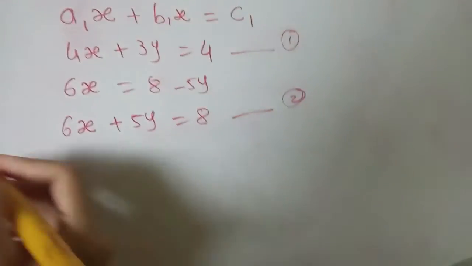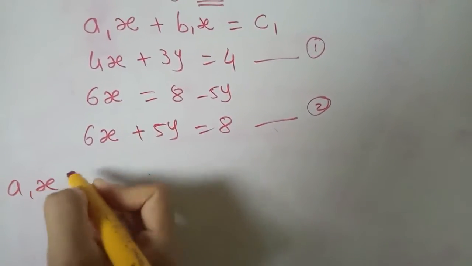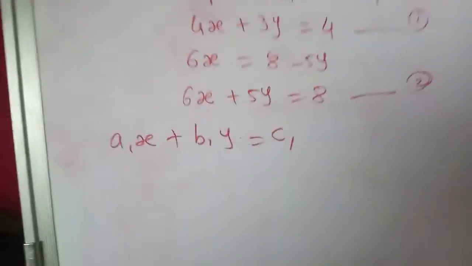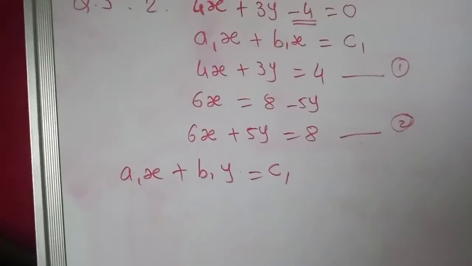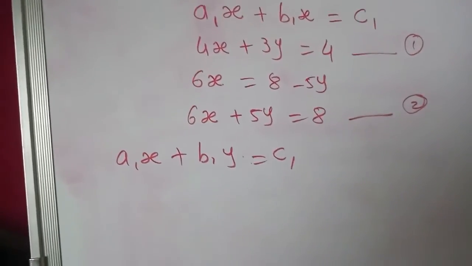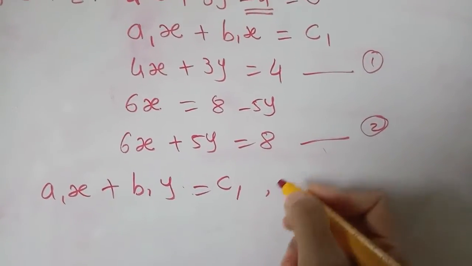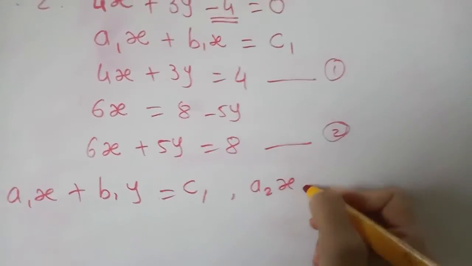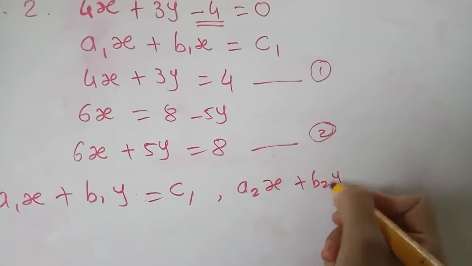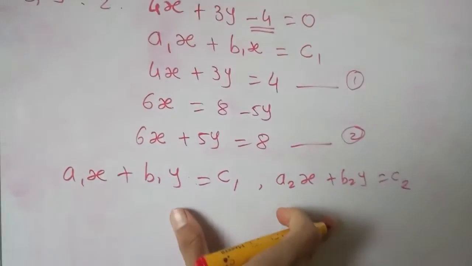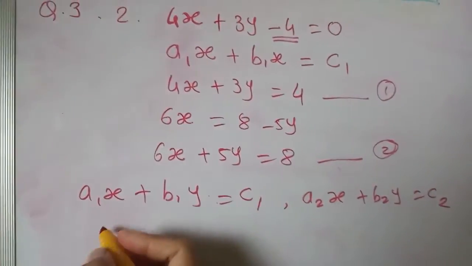So compare this equation with a1x plus b1y is equals to c1. So we will get value of a1, b1 and c1. And second equation with a2x plus b2y is equals to c2. हमने आगे के क्वेश्चन में देखा है.